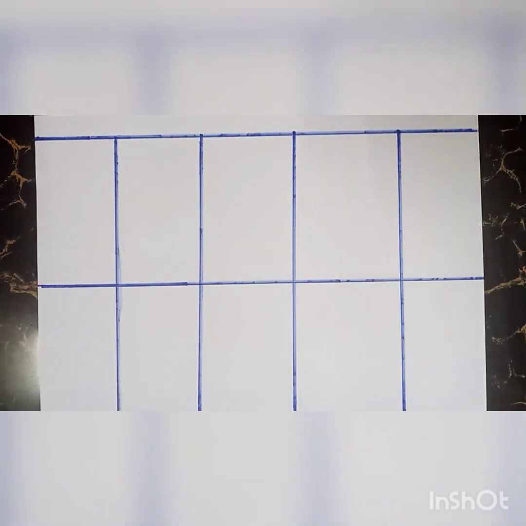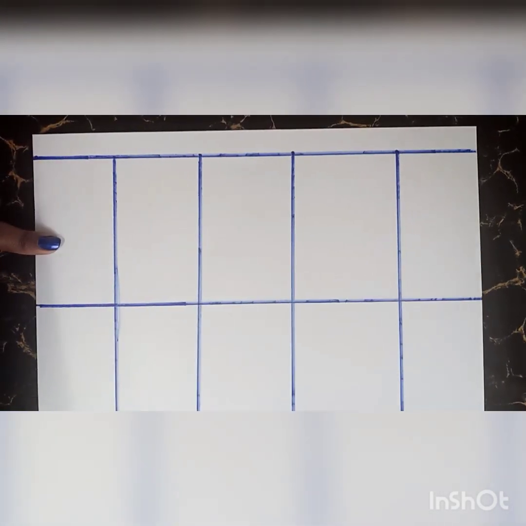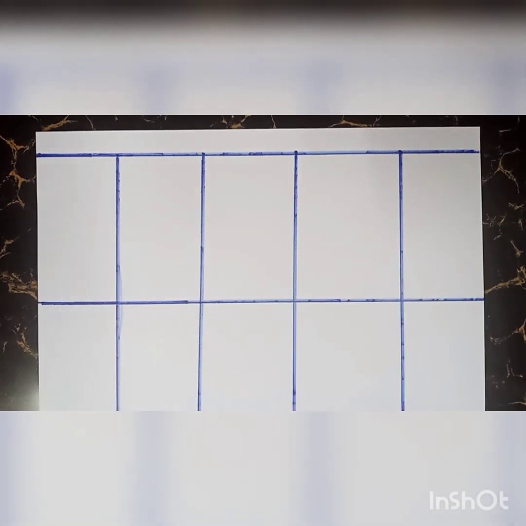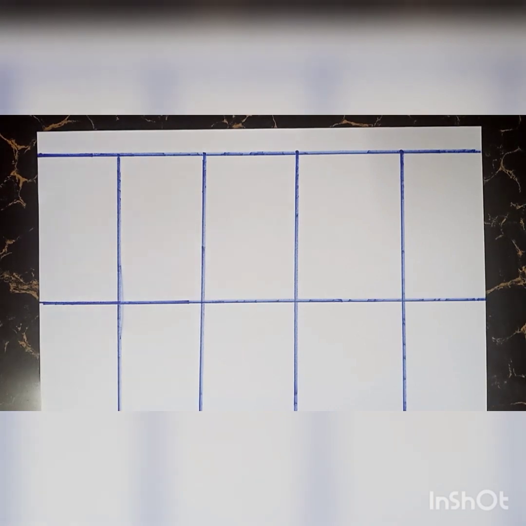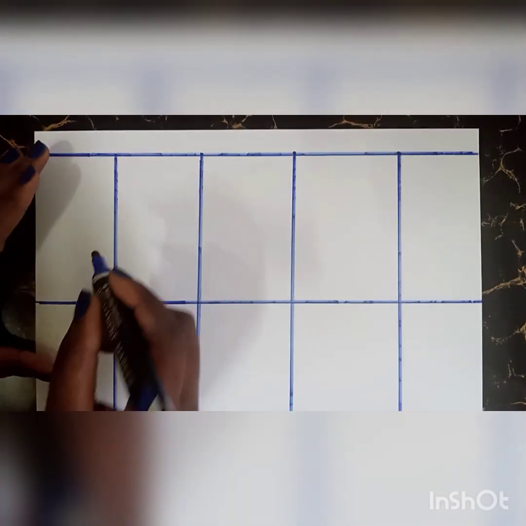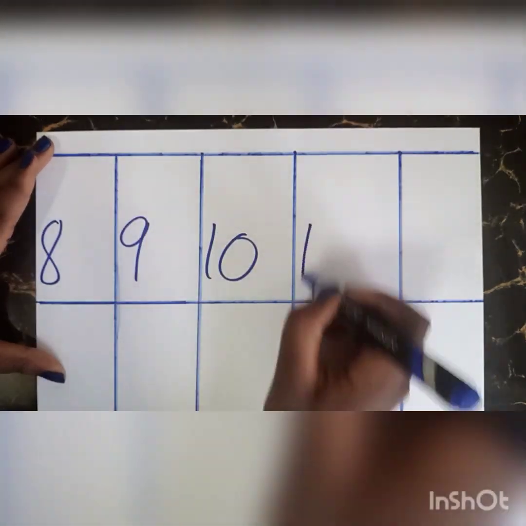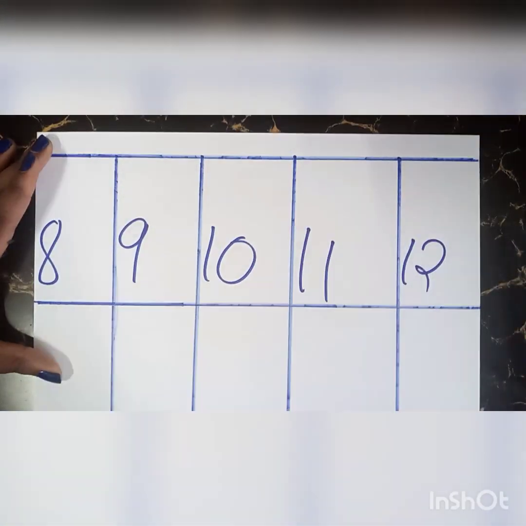So for the third row, do we continue counting from 9? No, not at all. For this new row, we'll continue counting from 8. So we'll have 8, 9, 10, 11, and 12.